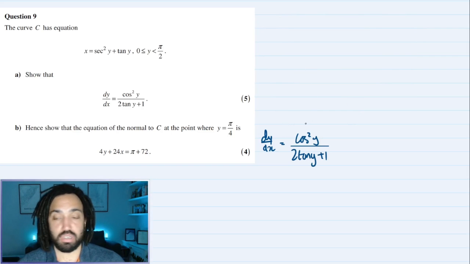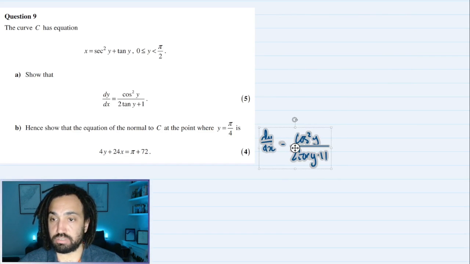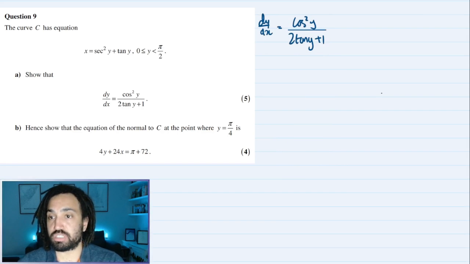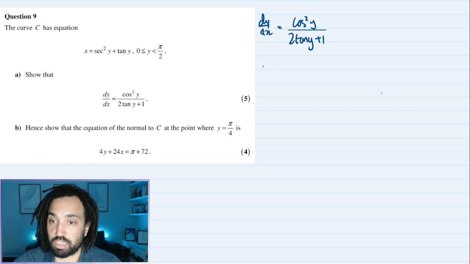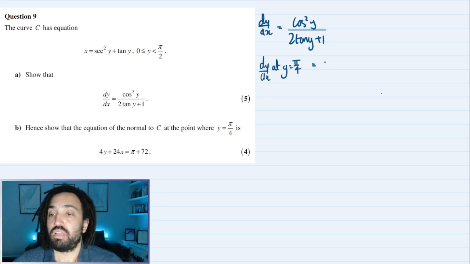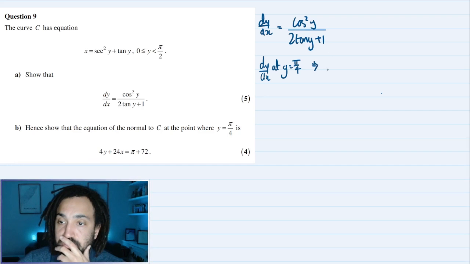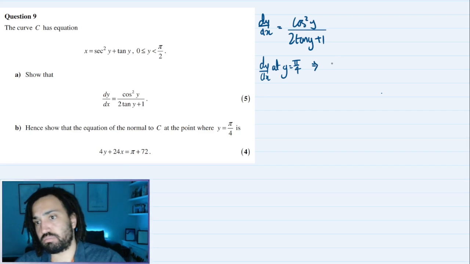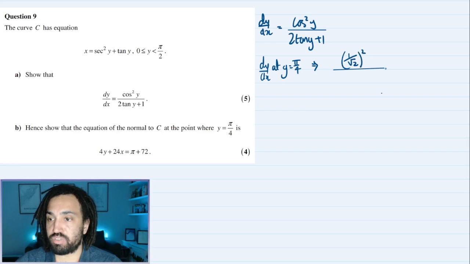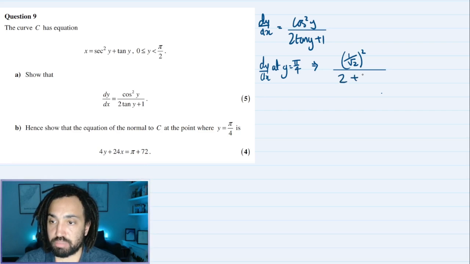Okay, well, we've got the gradient function, so all we need to do really is substitute into the gradient function to find the gradient. So dy by dx at y equals pi over 4 is going to give us, well, cos of pi over 4 is 1 over root 2, and that will need to be squared, over tan of pi over 4 is 1, so times by 2 and then plus 1.